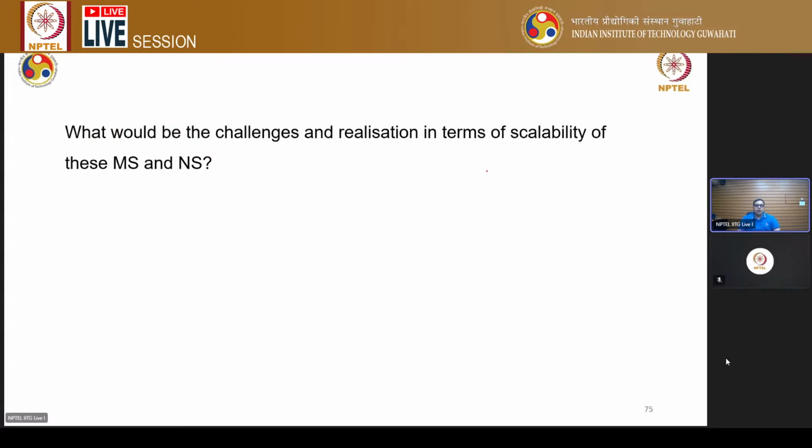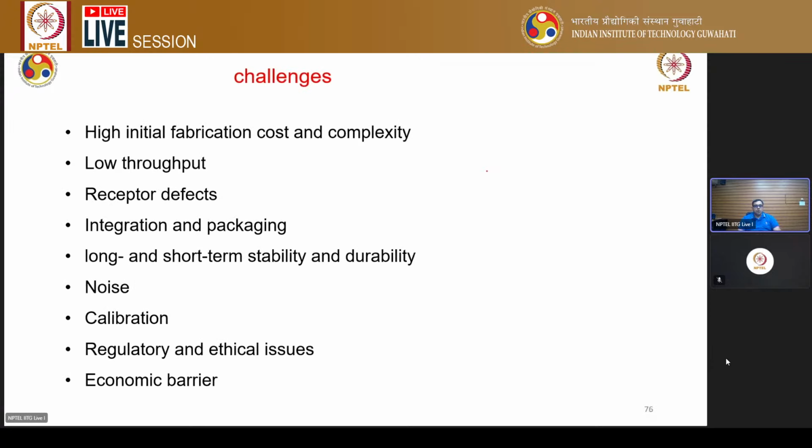Now, the final question was: what would be the challenges in realization in terms of the scalability of microsensors and nanosensors? If I talk about the challenges for scale-up production of these sensors, there are many. The first challenge can be the initial fabrication cost and the complexity required in fabricating these sensors.